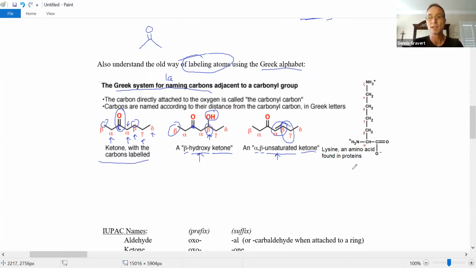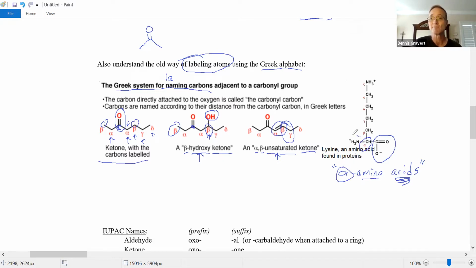Last example here, you may have heard of the building blocks of proteins, amino acids, sometimes called alpha amino acids. Those are the things that make up proteins. And that's because, well, what's the most important functional group of an amino acid? The carboxylic acid, more oxygens, more pi bonds. The next carbon over is the alpha carbon.